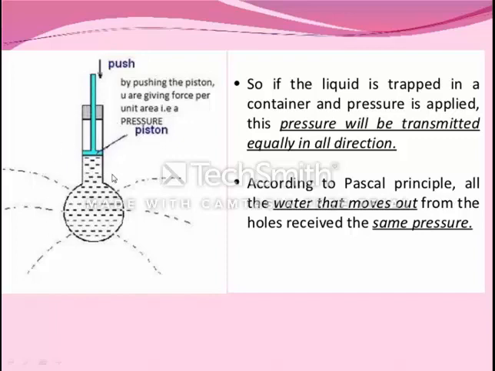If we make holes in this container at equal height in all directions, watch it in a 3D view, three-dimensional view.